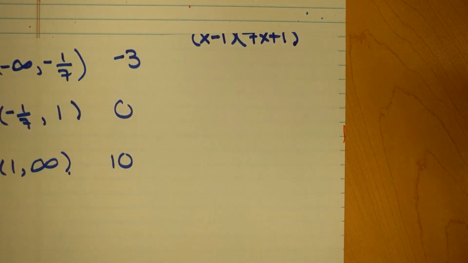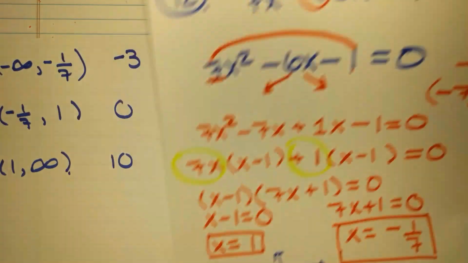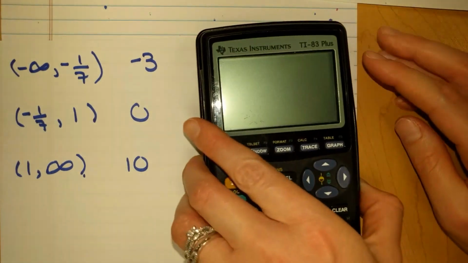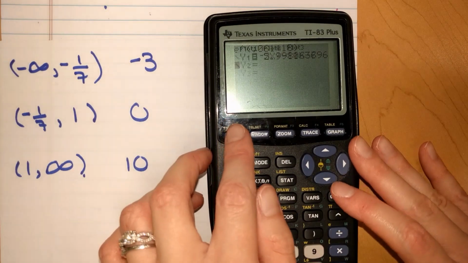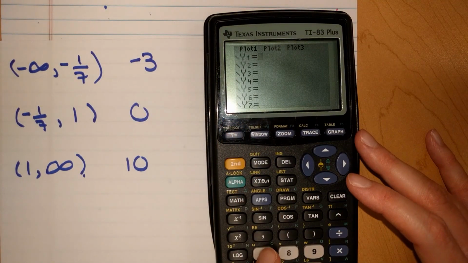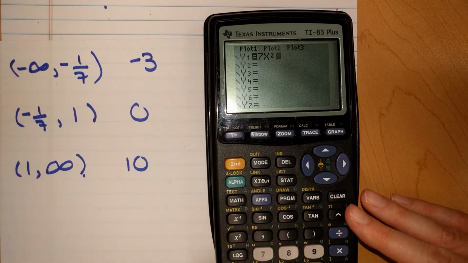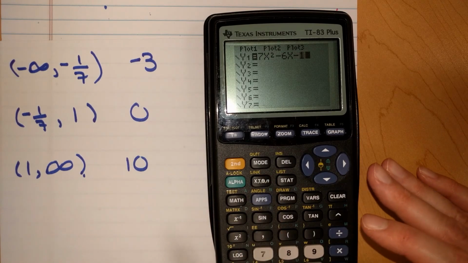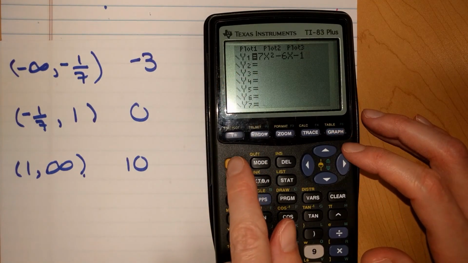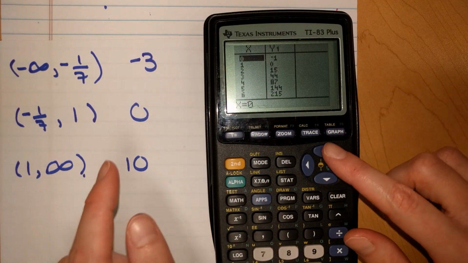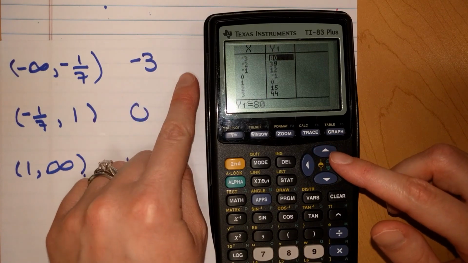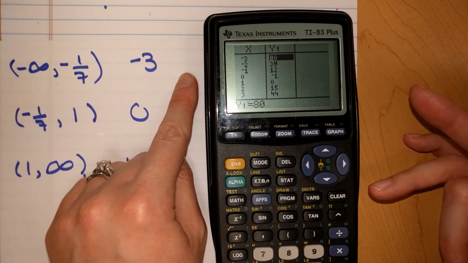I will show you a way to do this that's a little easier in terms of time efficiency. What you can also do is type the equation into the graphing calculator, so 7x squared minus 6x minus 1. And then you need -3, 0, and 10. So if I hit second table, and I cursor up to -3, that will tell me what the y value is, if it's positive or negative.